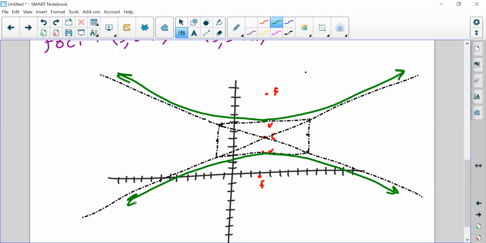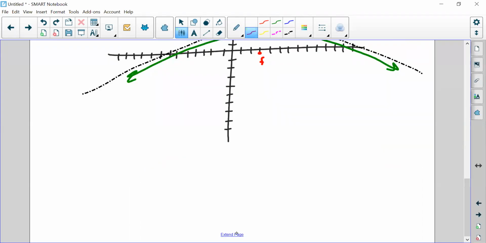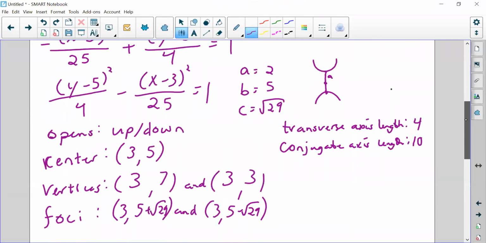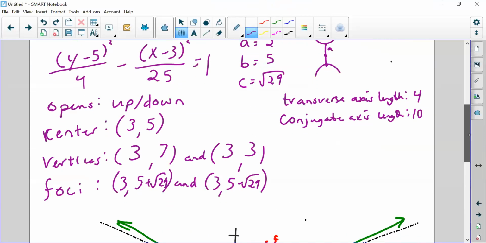Okay, now equation of the asymptotes is the only thing I got left to do. So to find my equation of my asymptotes, I got y minus the y of my center, which was 5, equals our slope, and x minus our x of our center, which I believe was 3.